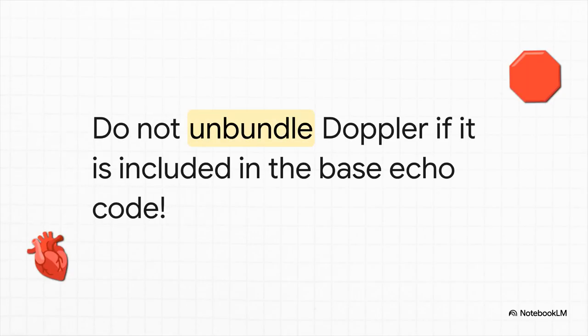And here is a massive stop sign for echocardiography. A lot of base echo codes, like a complete transthoracic echo, already bundle in spectral and color Doppler. You have got to read your CPT descriptors carefully. If the base code descriptor explicitly includes Doppler, you absolutely cannot bill a Doppler code separately. That's considered double dipping, and auditors will catch it.